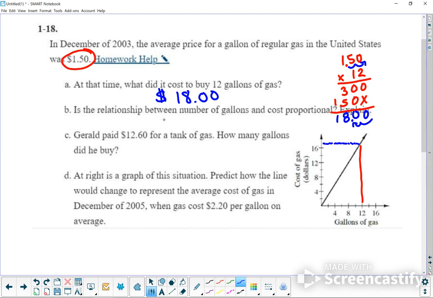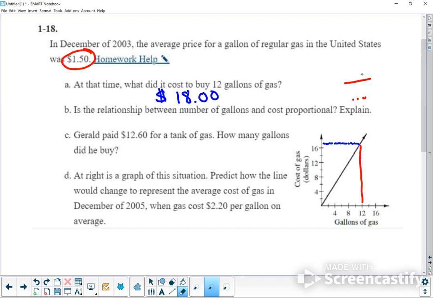Is the relationship between number of gallons of gas and cost proportional? Explain. Yes, it is proportional. Okay. Why is it proportional? Because every gallon of gas gives you $1.50. So basically, the higher the gallons of gas, the higher the cost. So it is proportional, and it's proportional according to this line.